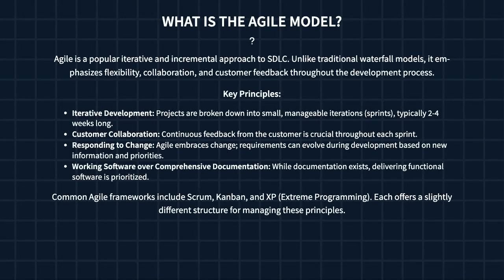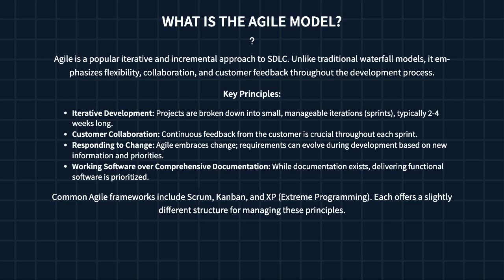Okay, let's talk about Agile within the SDLC. Think of it as a really dynamic approach compared to older methods like waterfall. Instead of planning everything up front and then building in stages, Agile breaks down the project into short cycles. We call them sprints, usually around 2 or 3 weeks long. It's all about constant communication with the customer, getting their feedback regularly, and being adaptable if things change along the way.